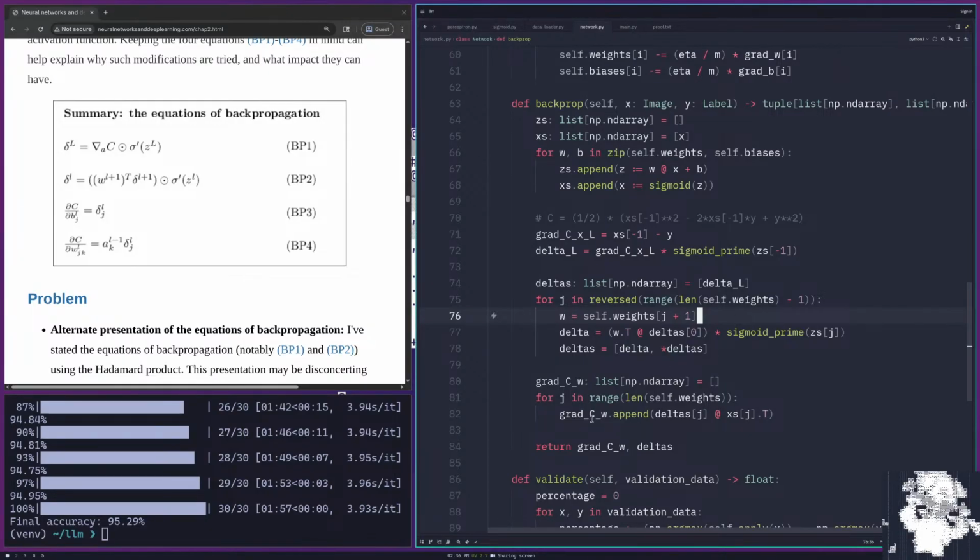And then I'm going forwards again to figure out these grads of C with respect to W. So first of all, I don't like the names I've given things. Why don't we just call this grad W like we did elsewhere in the code?